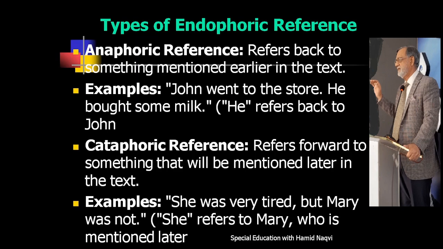We'll come to know later on who she was. She was very tired, but Mary was not. She refers to Mary, who is mentioned later. So it is clear that cataphoric reference refers forward to something that will be mentioned later in the text.